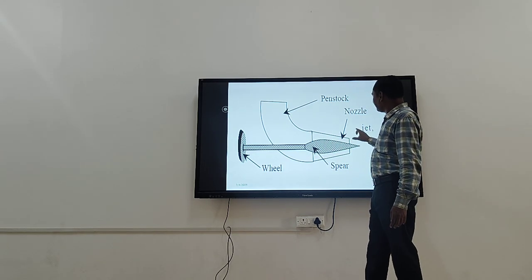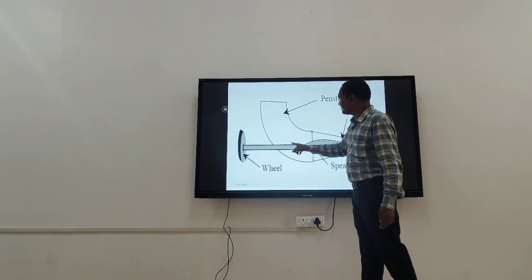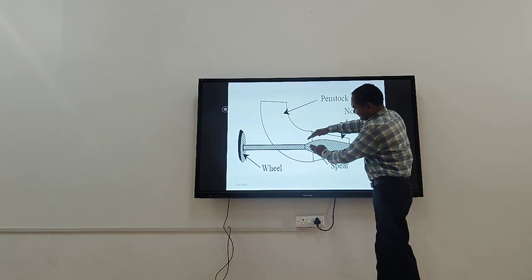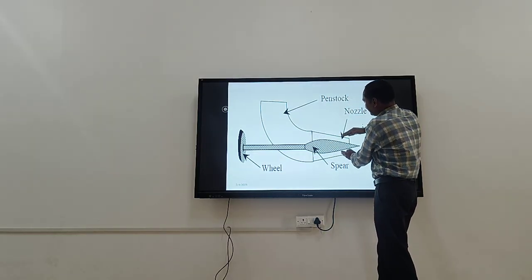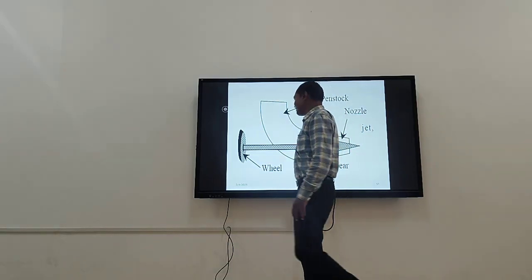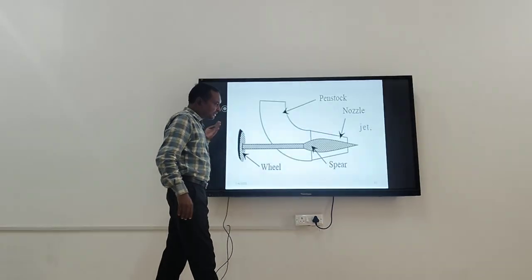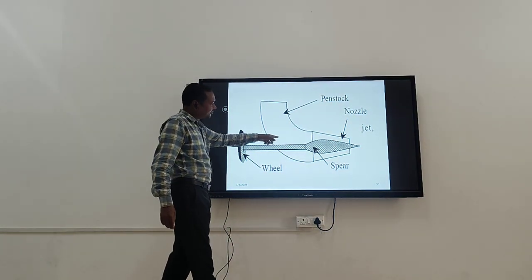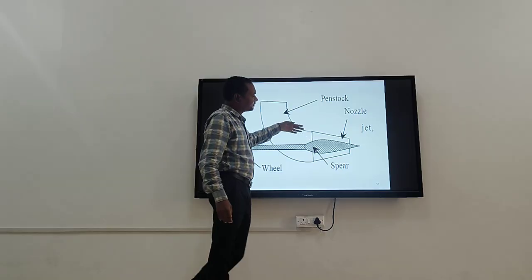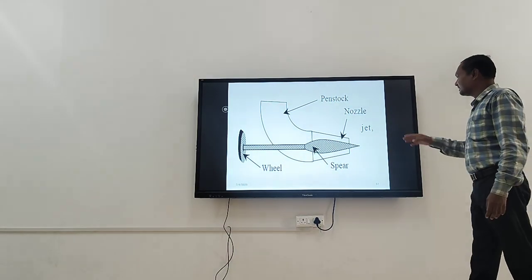This is your nozzle, this is your penstock, and this is your spear mechanism. See, this is your increasing area and decreasing area. If I turn this wheel, then the spear may come backward or forward. According to this motion, the water flow to the pockets of the runner is controlled.